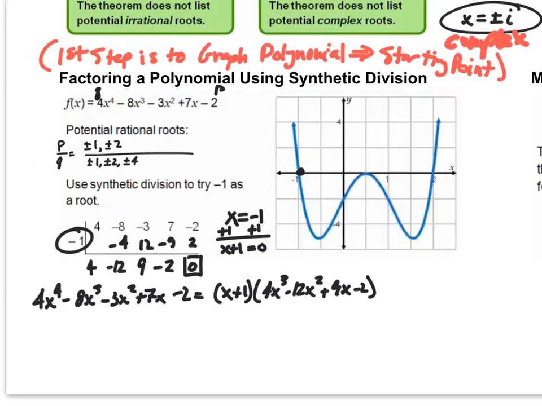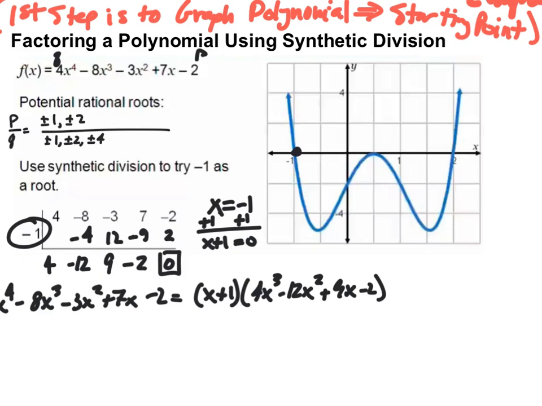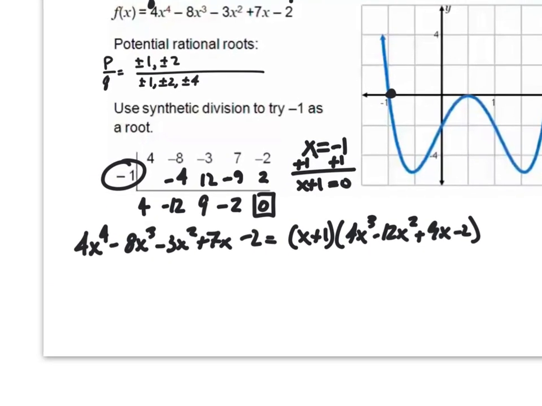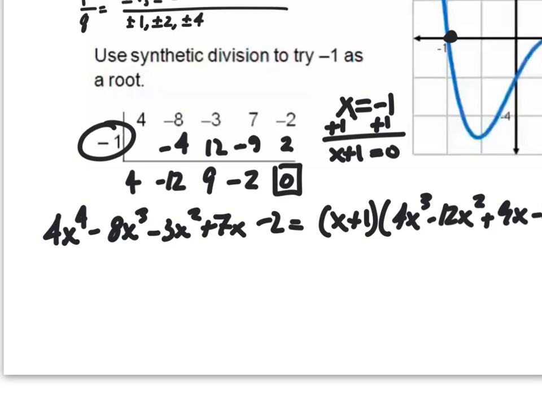Now the next thing I'm going to do is look over here at my graph, and I can see that 2 looks like it's also a solution, also a root. So let's try that. I'm going to do synthetic division again and let x equal 2 be my divisor.